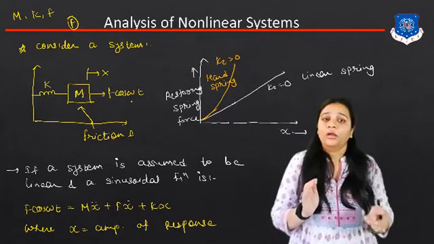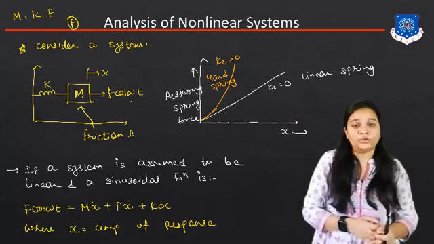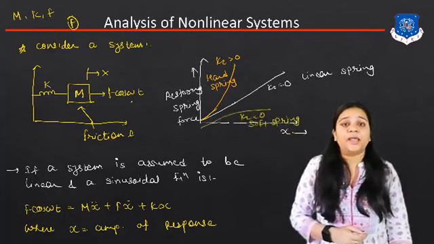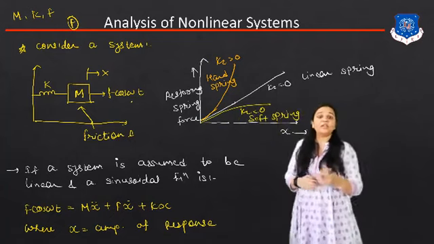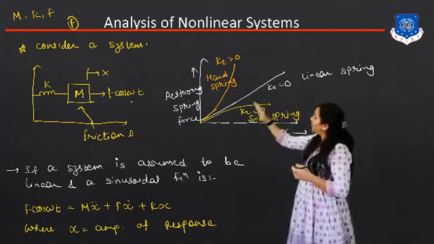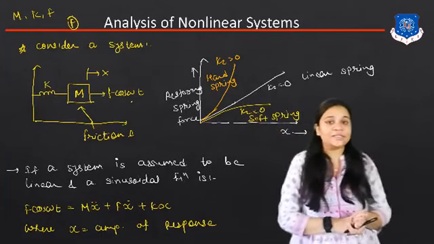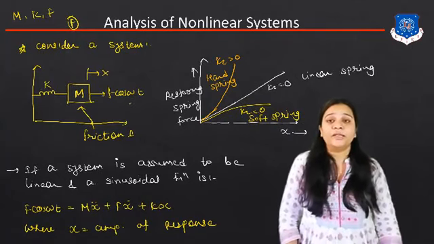If K2 is greater than 0, this type of spring is known as the hard spring, and if K2 is less than 0, it is the soft spring. So in the non-linear system, we have to derive different values of K depending upon the system parameters, and we have to find the system linearity.